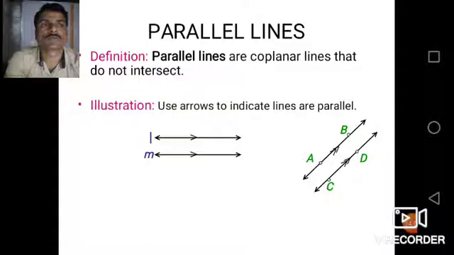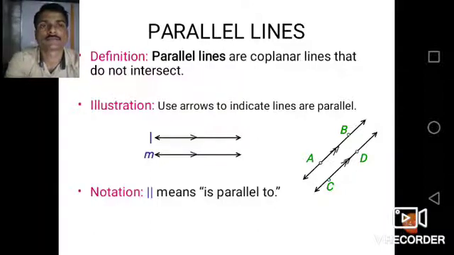Arrows are also indicated to denote parallel lines, and two vertical lines mean "is parallel to". Line L is parallel to M, line AB is parallel to line CD.